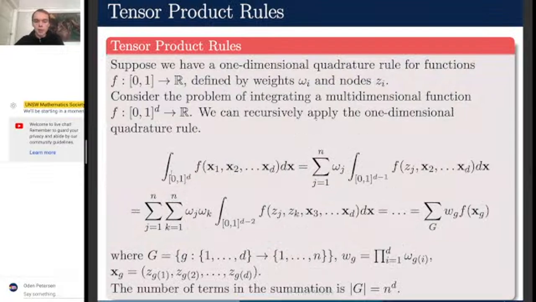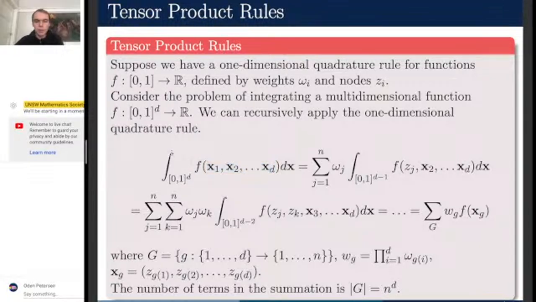Now we're looking at the case where we have a multi-dimensional input to the function. So that's just going to be a vector in the unit cube in d dimensions, rather than the unit interval in one dimension. That's where this x vector is coming from.